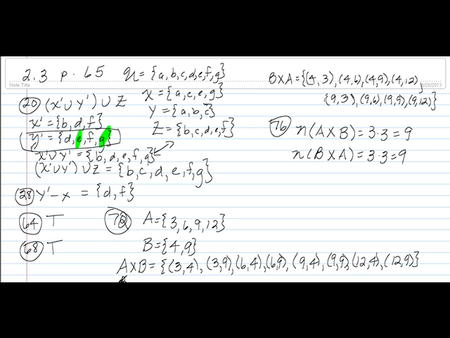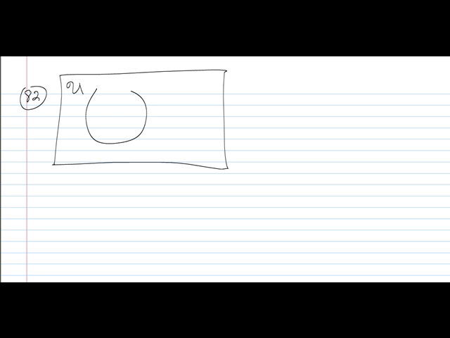Now in 82, we're supposed to place the elements in the correct location in the Venn diagram. So let me go to a new page where I have room to draw my Venn diagram. Here's the universal set.